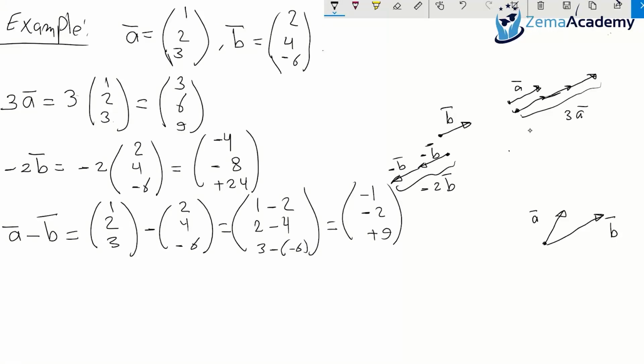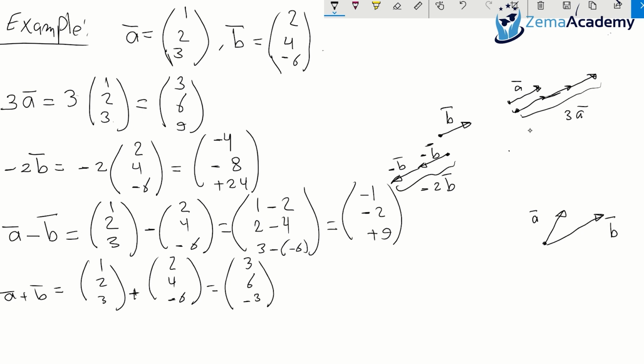Now if you want to find A plus B, it's 1, 2, 3 plus 2, 4, minus 6. It's going to be simply 1 plus 2 is 3, 2 plus 4 is 6, 3 plus minus 6 is minus 3. So what's the meaning of A plus B?